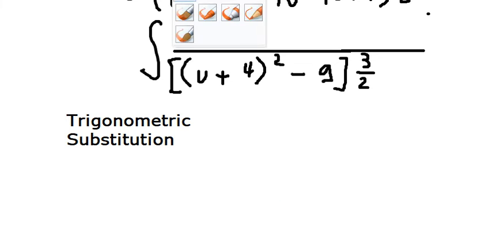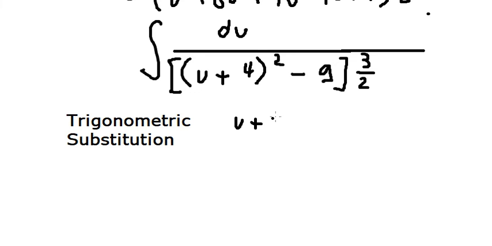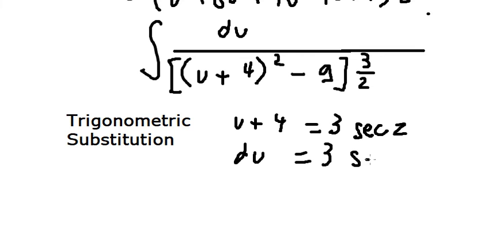So we put u plus 4 equal to number 3 secant of z. If we do the first derivative, we get 3 secant of z tan z dz.